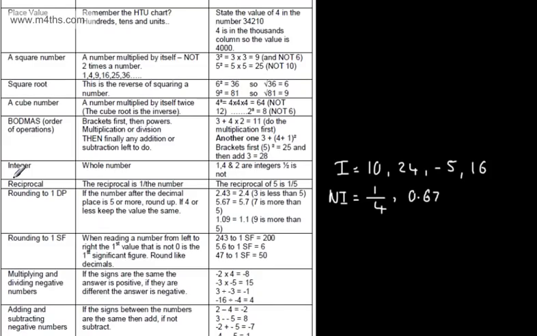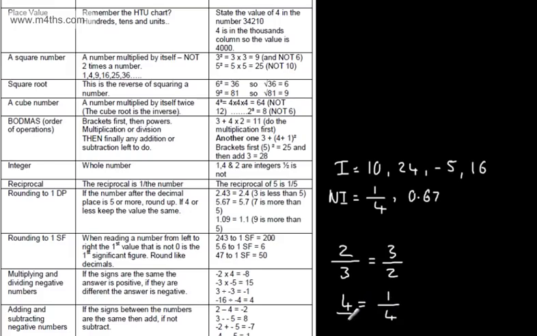Okay, a reciprocal. For a reciprocal, we simply invert the fraction. So the reciprocal of 2/3 is equal to 3/2. When we invert, we turn it upside down. If you like, it's the number we need to multiply our number by to get 1. The reciprocal of 4 is going to be 1/4.